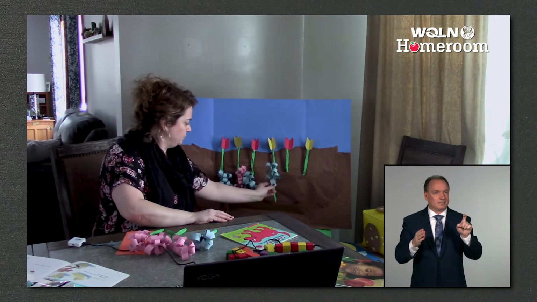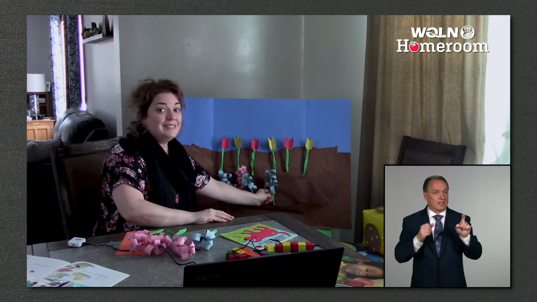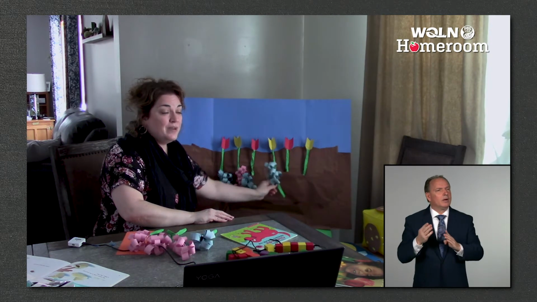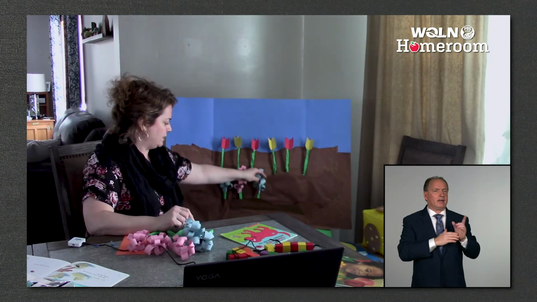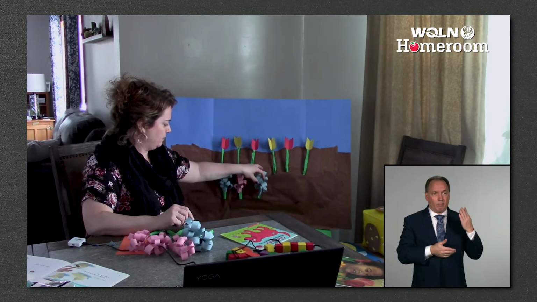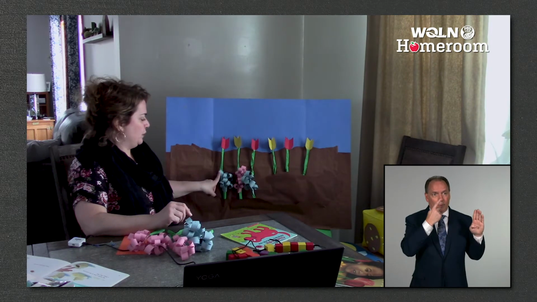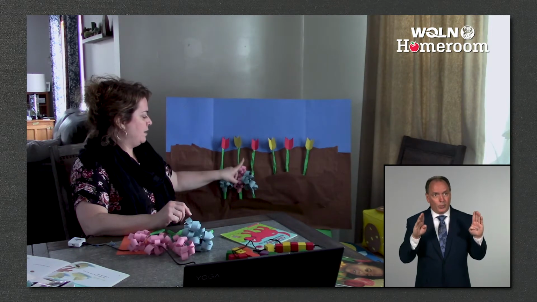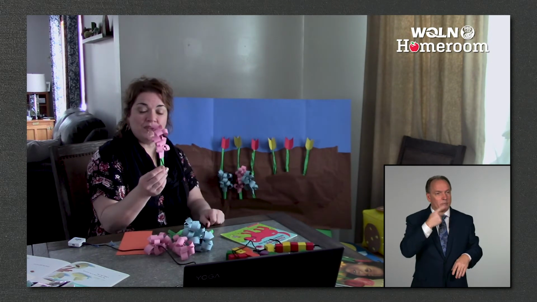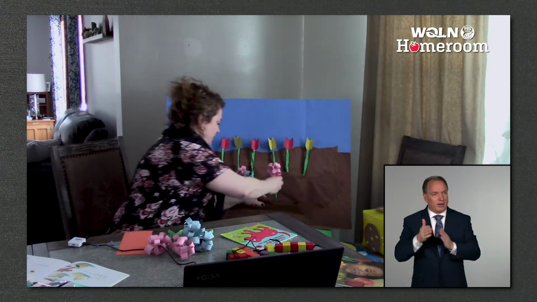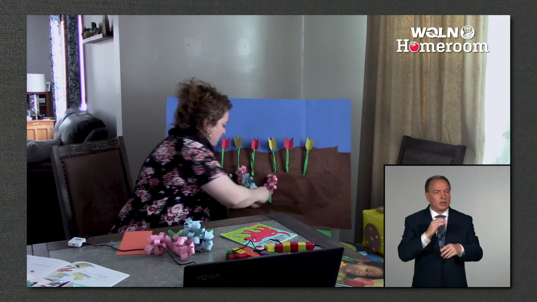It doesn't, does it? We need a different color. Let's go back and start at the beginning of our colors and see what color we need next. Blue, pink, blue, pink. Yes, pink would be the next color in our pattern. Great job.